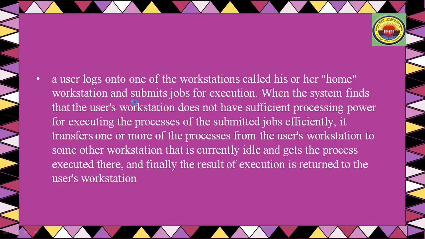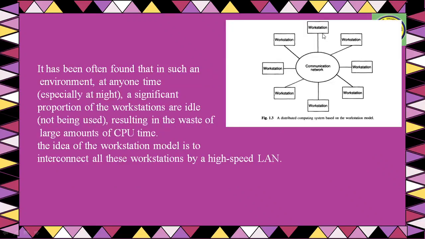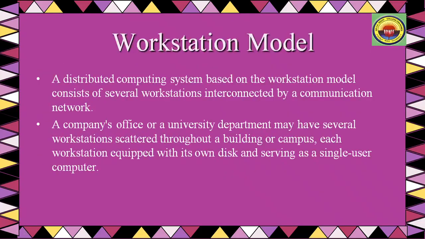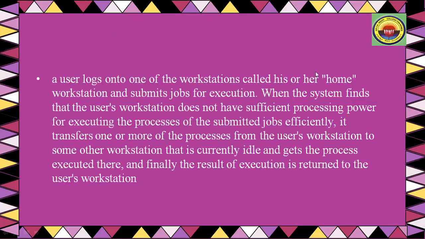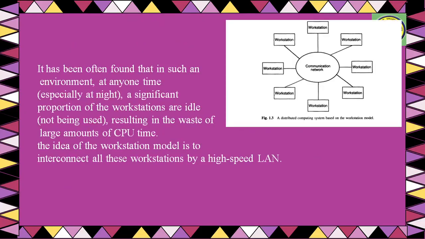If the system finds that the job submitted by the user is more than the capacity of that workstation, meaning the processing power is insufficient for executing the processes of the submitted jobs, then it transfers some of the processes to an idle workstation.